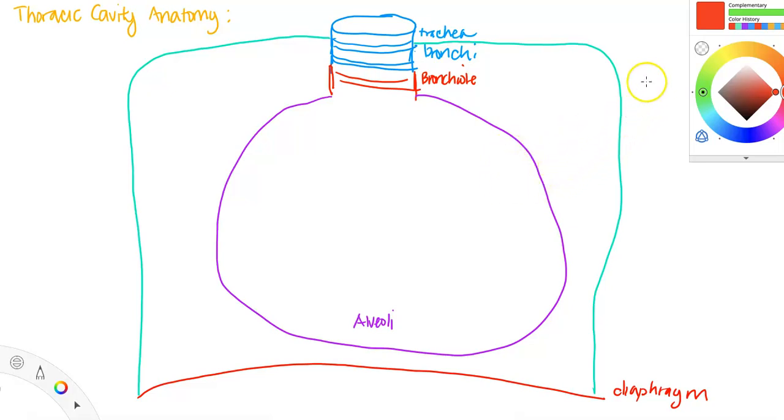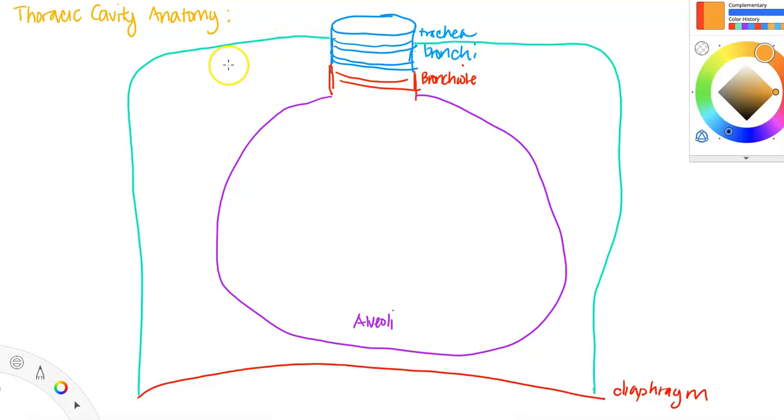Okay. So another thing you should keep in mind and know is that the thoracic cavity is lined with membranes, right? So we have the parietal pleura and the visceral pleura.